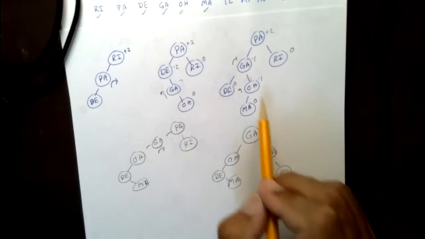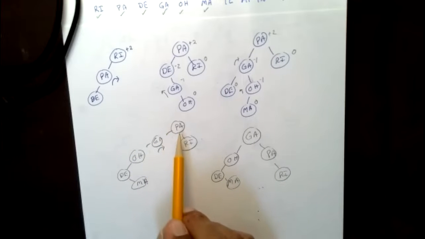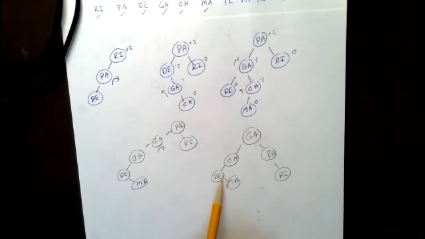So I did the left on Ohio that moved him up, even though it looks really odd right now. Then I do a right on Georgia. When I do the right on Georgia, PA is still greater, Rhode Island is still greater. 1, 2, 3 minus 2, a balance factor of 1. Ohio has a balance factor of 2, doesn't it? So I messed something up.